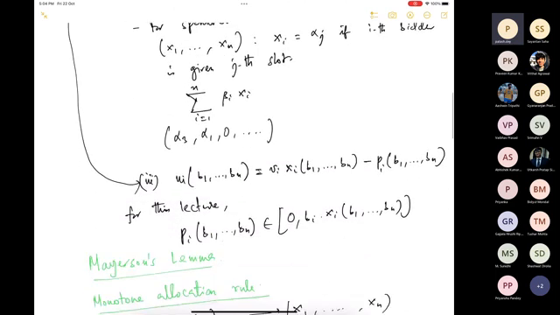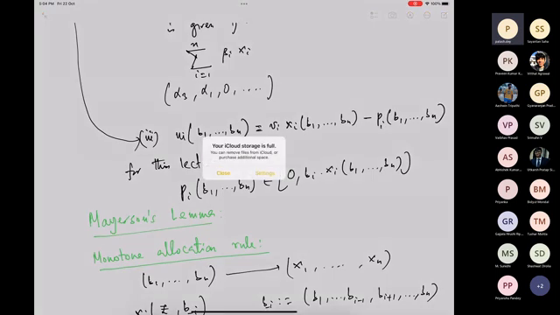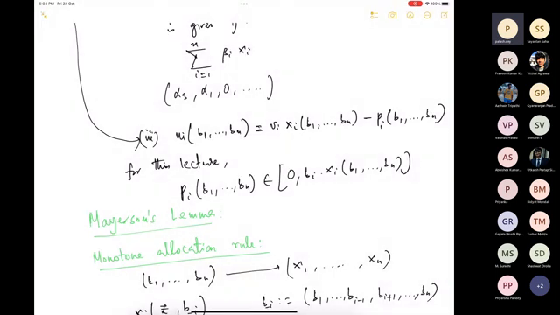The utility of player i is valuation times the amount of good xi that player i receives, minus pi, the amount of payment that player i makes. We will assume that payments are always non-negative, that means in no circumstances the seller has to pay, and payment is at most the bid value.